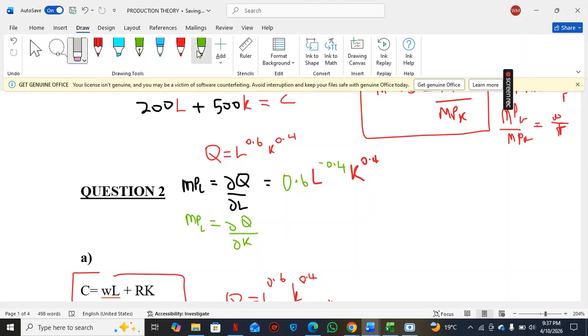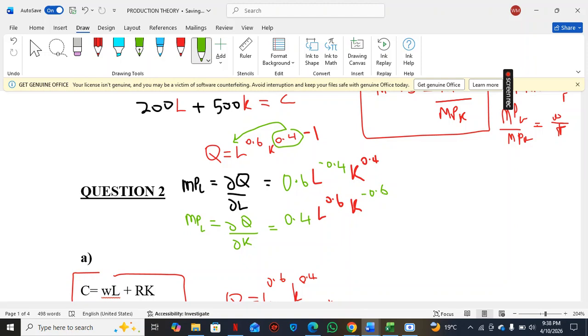So if we derive, 0.4 times 1, you get 0.4, L to the power 0.6, K to the power, now this 0.4, remember you subtract 1. 0.4 minus 1, that is negative 0.6. Okay, colleagues, that's how you do it.